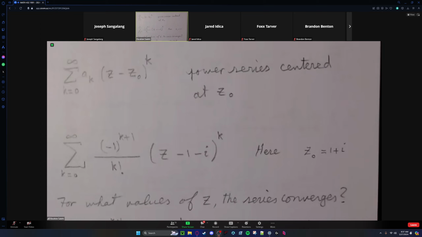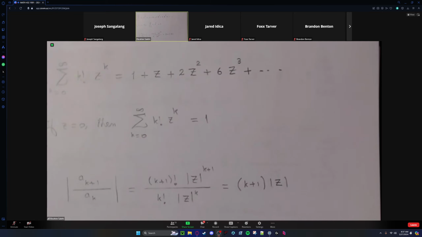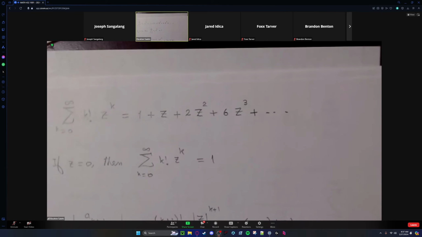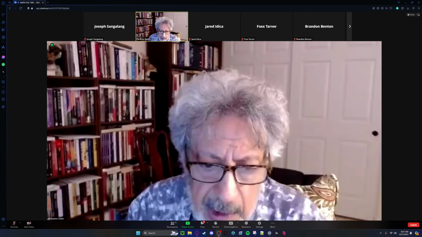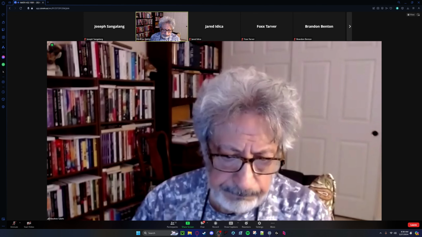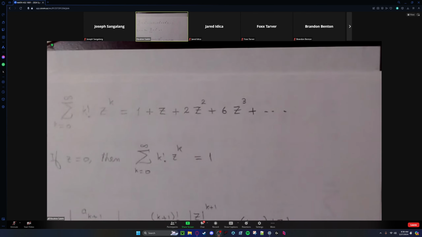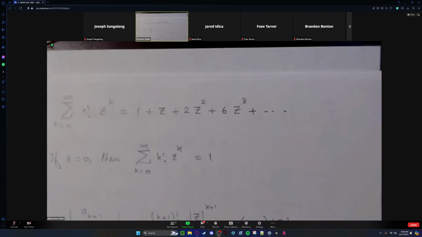Then I gave you another example. Here is another series. Let's see if I can make the thing sharper. Maybe I need more light.